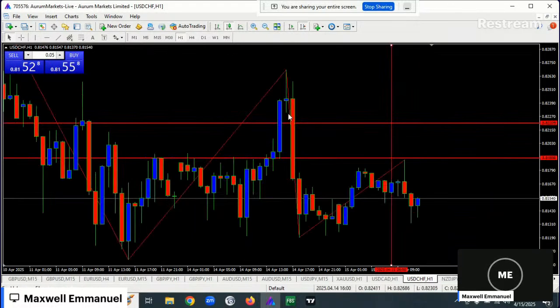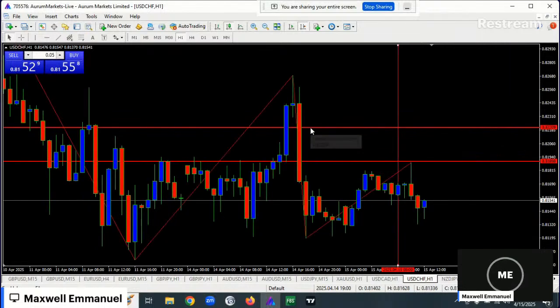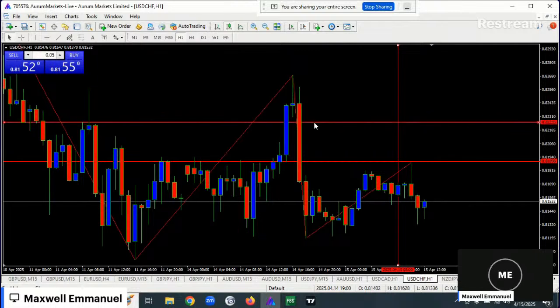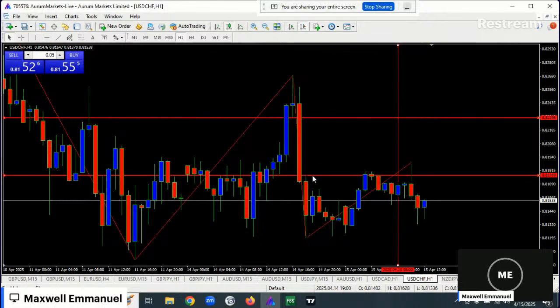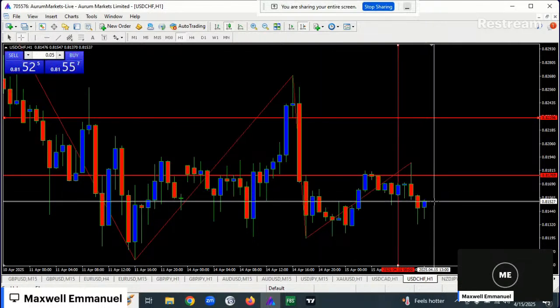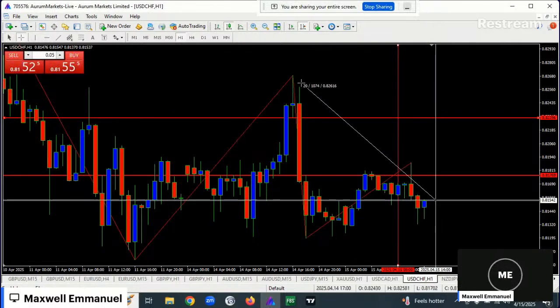So you can see we have a fair value gap here. It's created a fair value gap here. So they might want to fill this gap before going bearish. It's a sell, here's the stage of the sell.